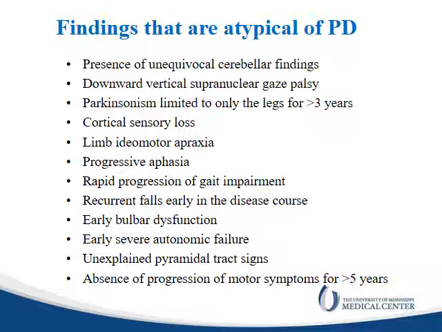Other conditions include patients who present with cortical sensory loss, aphasia, rapid progressive gait impairment, recurrent falls early in the disease course, early and difficult swallowing, bowel symptoms, and early severe autonomic failure. So if all those conditions are present, it makes you think this is probably less likely Parkinson's disease, especially if they're in the earlier stage of the disease course.